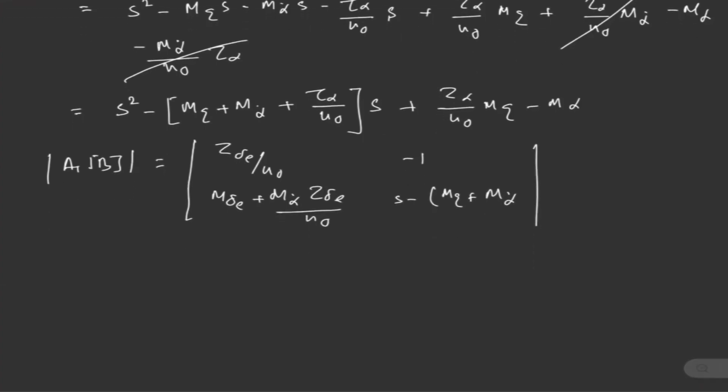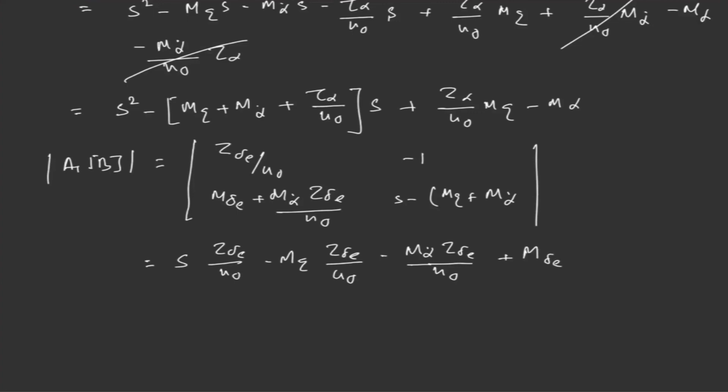The determinant will have S G delta I U naught, M cube G delta I divided by U naught, M alpha dot G delta I divided by U naught, plus M delta I plus M alpha dot G delta I divided by U naught.